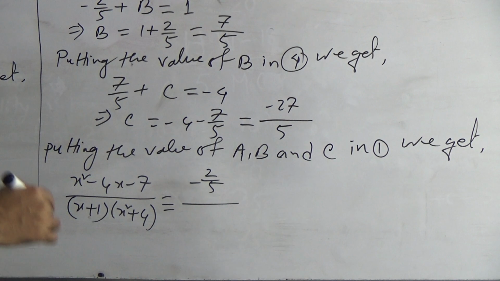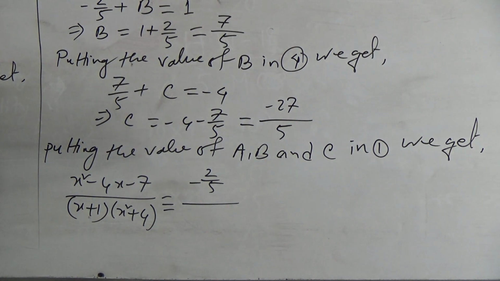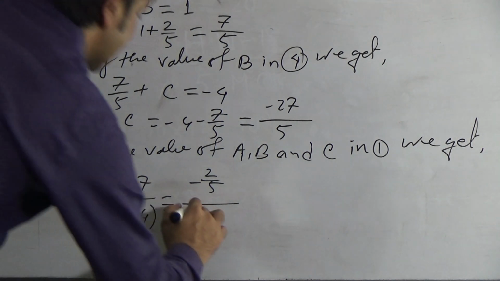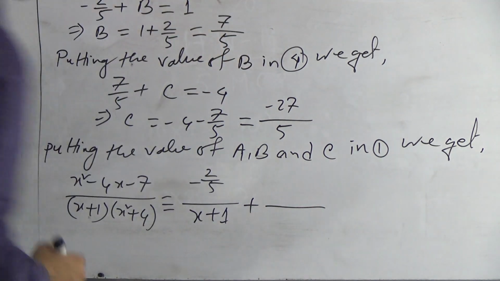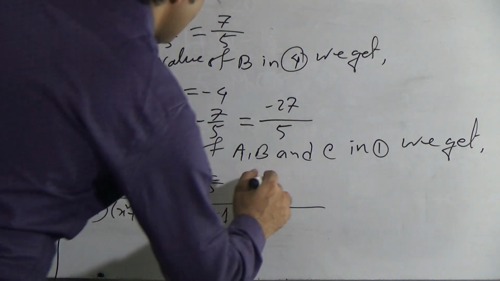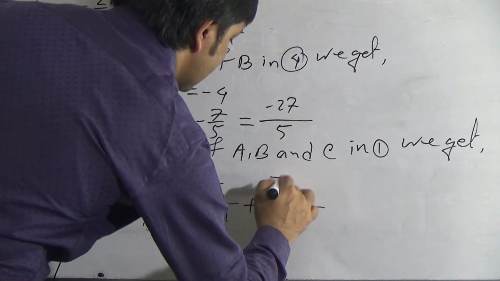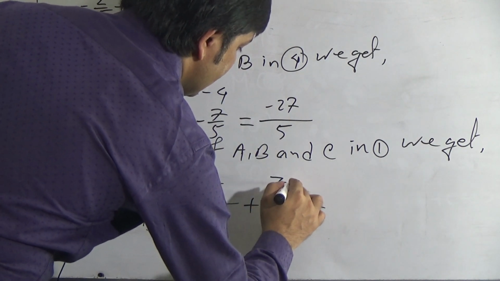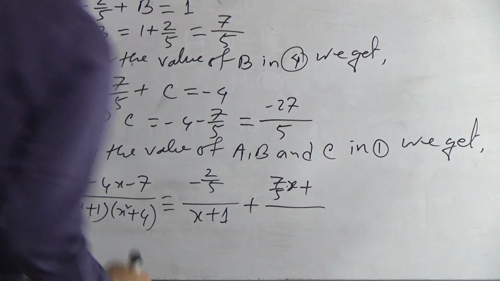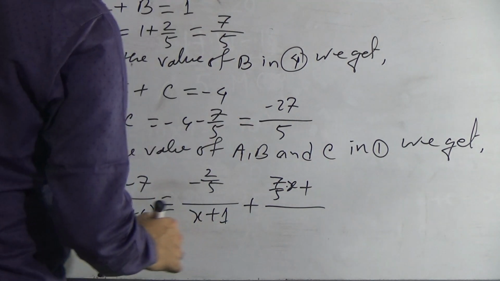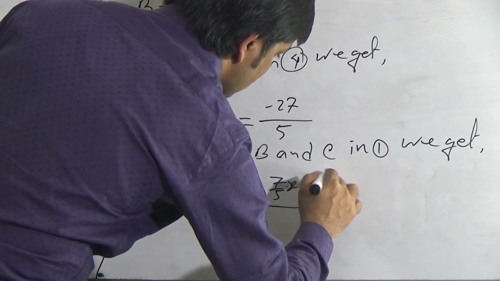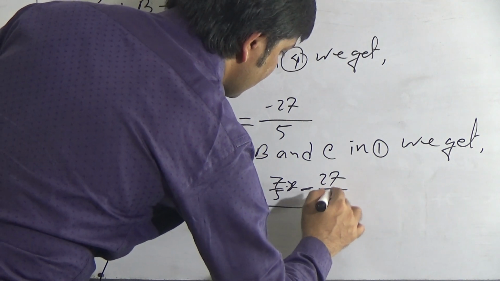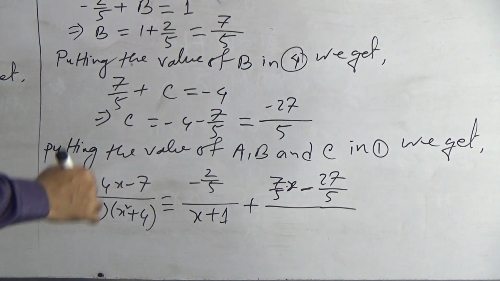So we put the value of a here, over x plus 1, then plus, the value of b is 7 by 5 into x plus the value of c, which is minus 27 by 5. The product of plus and minus will be minus 27 by 5.